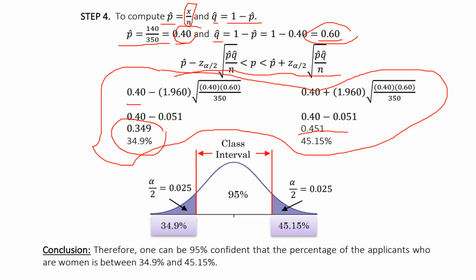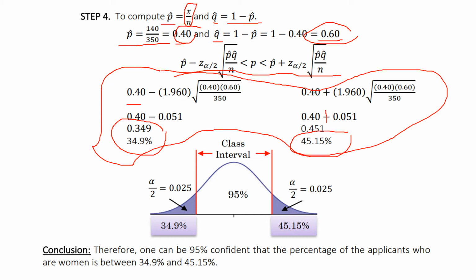For your upper limit, that will be equal to 45.15%. So there is a typo here. This will be addition, not subtraction, between your 0.4 and 0.451.